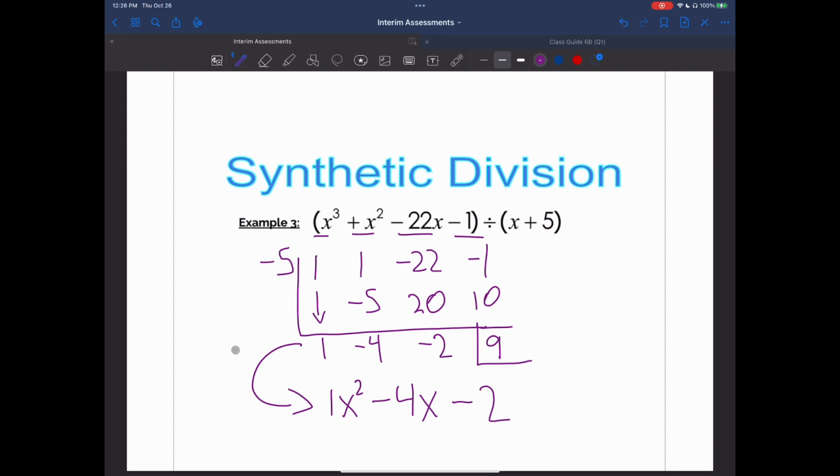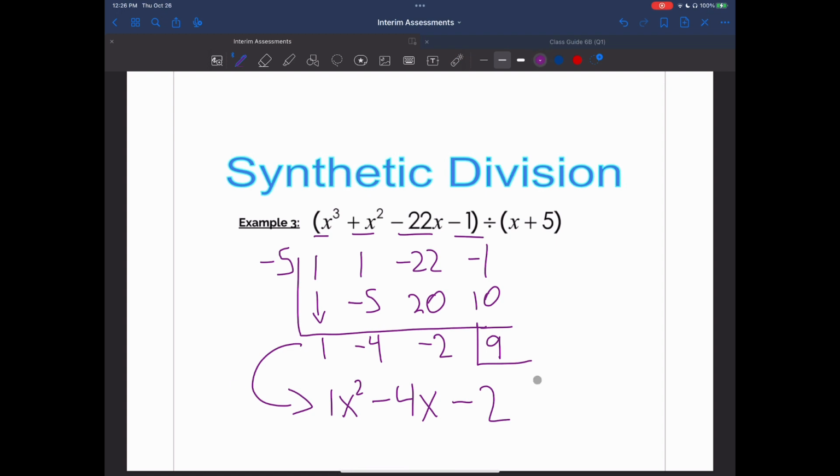I'm not going to spend too much time explaining it, but anytime you have a remainder that's not 0, what that actually means is this is not a factor of that. If you get a remainder of not 0, this is not a factor, okay? Remainders of 0 means this is a factor.